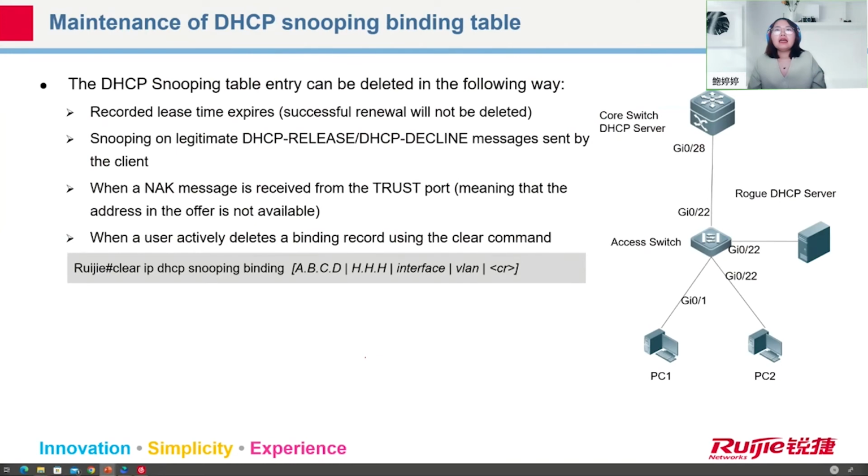And what's the next step? The DHCP snooping binding table entries can be deleted in this way. If you enable DHCP snooping, it will learn this message automatically. Once it receives the ACK from the DHCP server, it will record this information into the table.